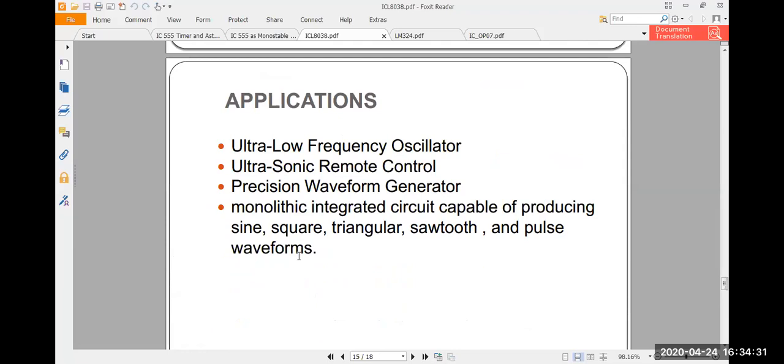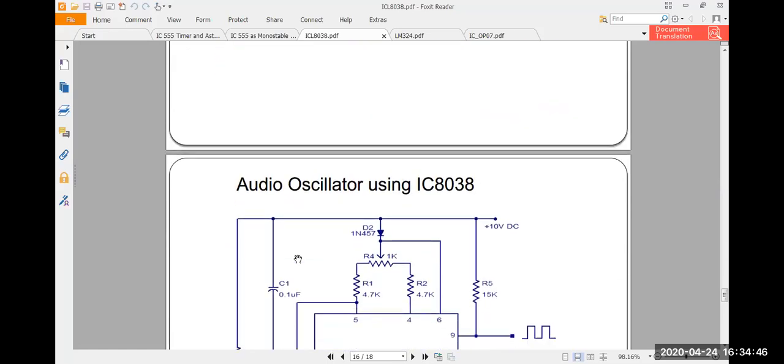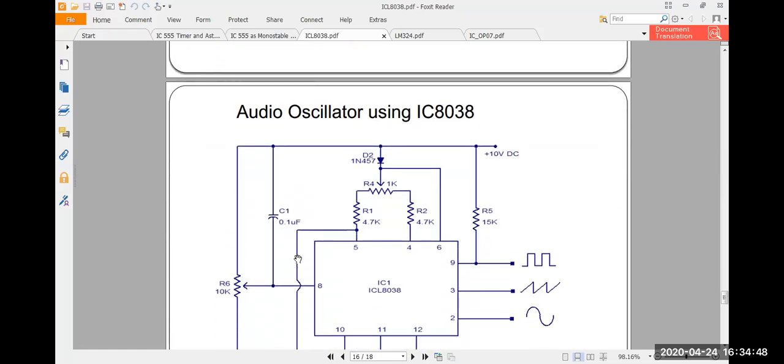What are the applications? Ultra low frequency oscillator, ultrasonic remote control, precision waveform generator, and generating different waveforms such as sine, square, triangular, sawtooth, etc. Now this is one of the applications of IC 8038.